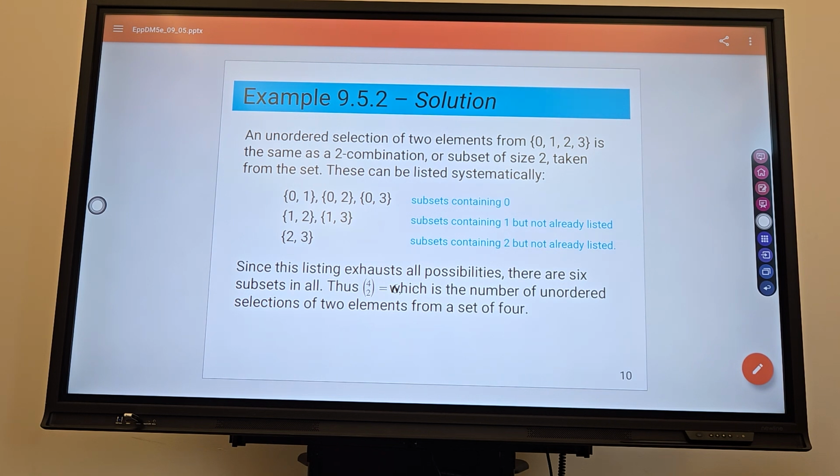You can list these systematically as here. Since this listing exhausts all possibilities, there are 6 subsets. Thus, 4 choose 2 equals 6, which is the number of unordered selections of 2 elements from a set of 4.